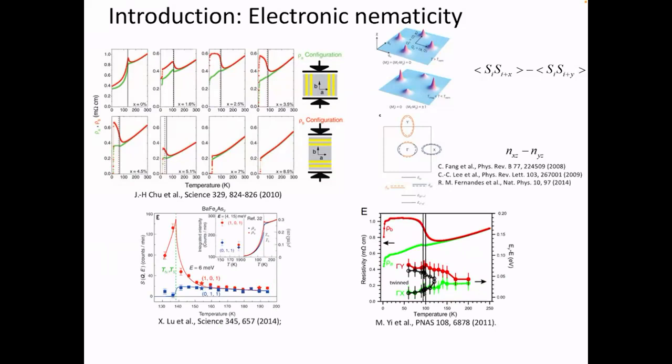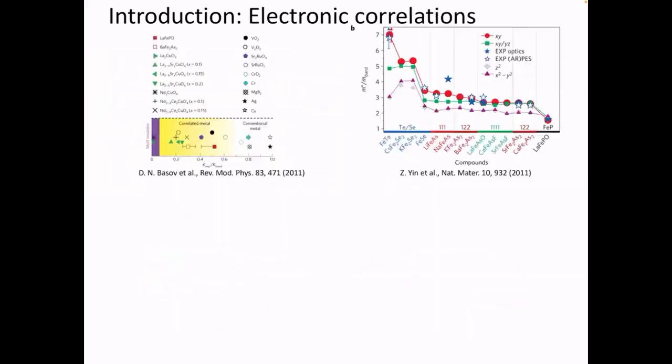along the Gamma-X and Gamma-Y directions. So a common feature of this electronic nematicity is that you apply a very small perturbation, and very often this is strain, and you see a rather large response in some kind of electronic response, either spin or electronic structure. And another important question in this field is the role of electronic correlations.